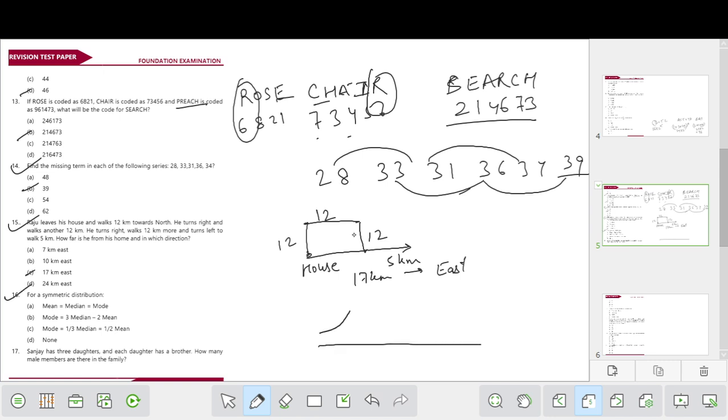For a symmetric distribution, mean is equal to median is equal to mode. So the answer is A. Sanjay has 3 daughters and each daughter has a brother. How many male members are there in the family?